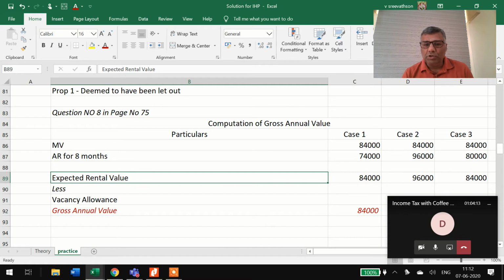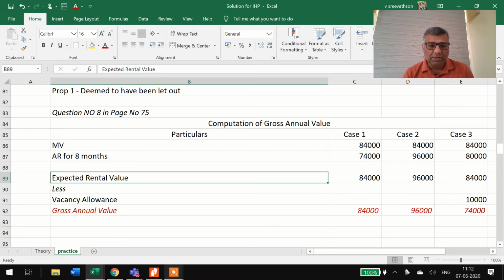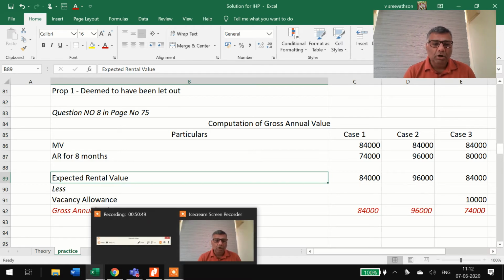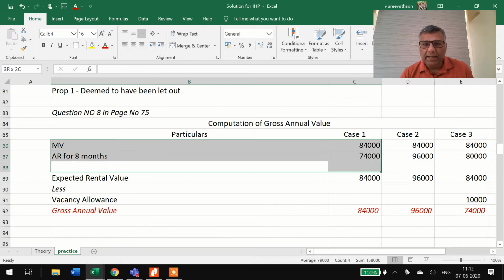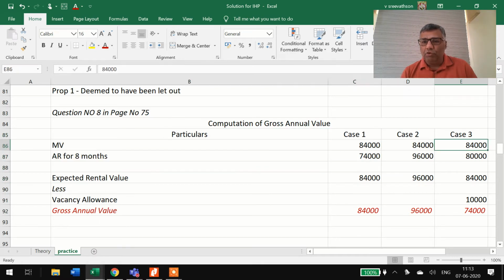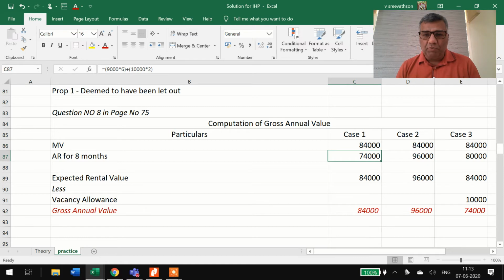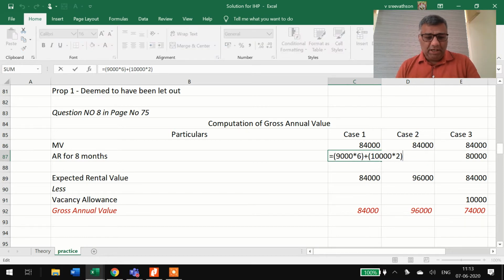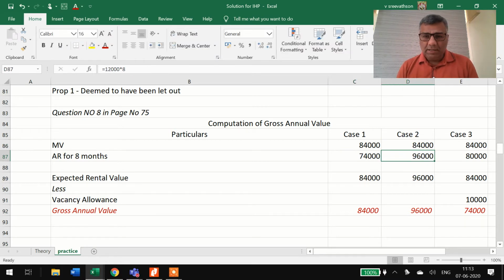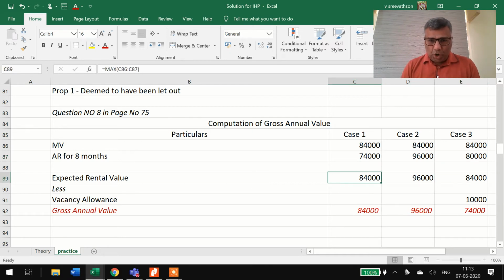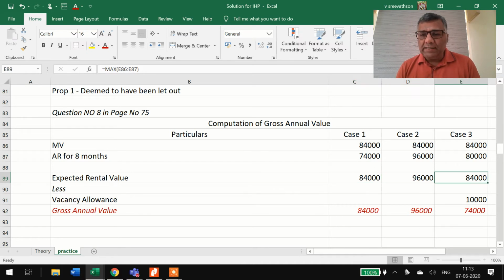I'm also getting the same answers as Darshit was saying. I get MV of 84, 84, 84. Actual rent is 74 for the first case, 96, and for the third case 18. So I get ERV, whichever is higher, 84, 96, 84.